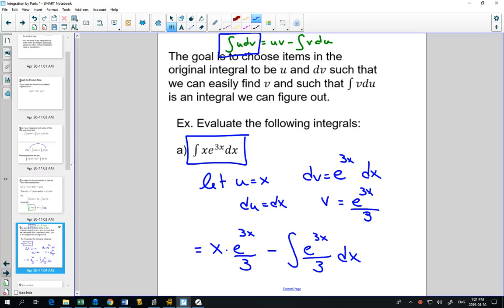And our hope is what we put in that second integral is now something we can integrate using our normal integral rules. And we can. It's just an e to the 3x now.